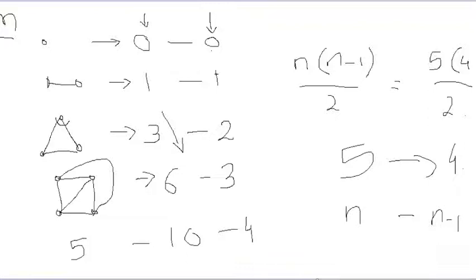But this mesh topology, even though it has a lot of very good advantages, comes with a lot of disadvantages also. Because you are connecting every two devices directly, you need a large number of cables, and to connect those cables with your devices, you need a large number of ports. As we saw previously, the number of cables you'll require is n into n minus 1 by 2.